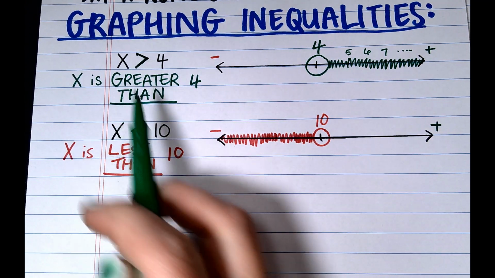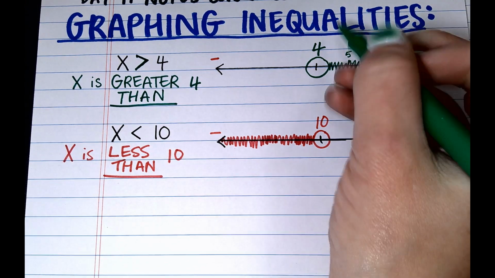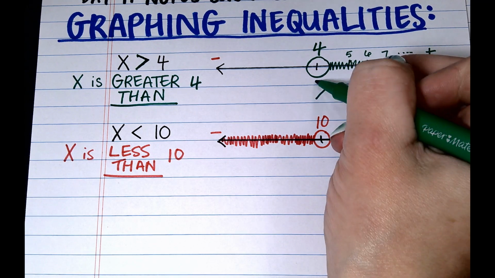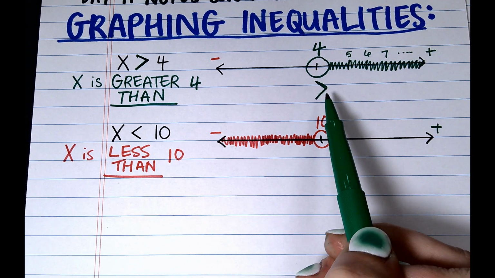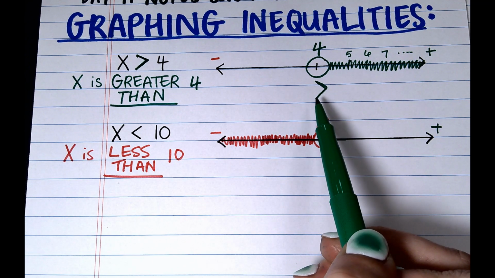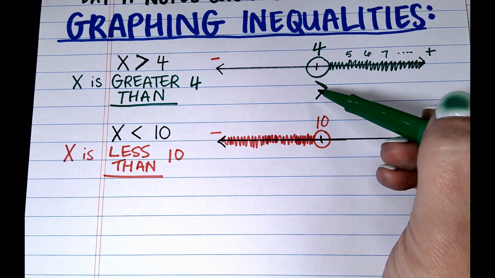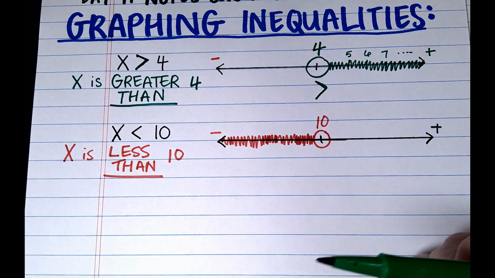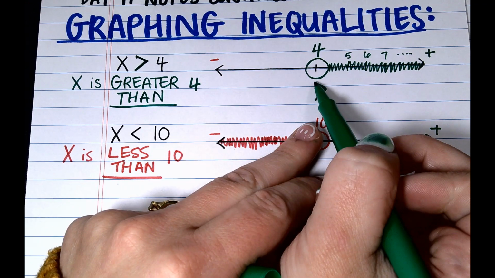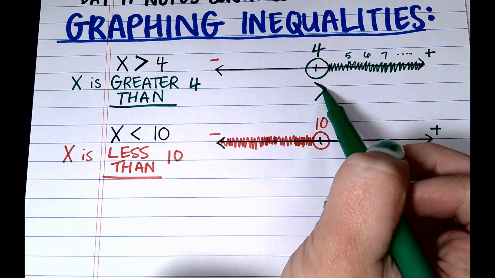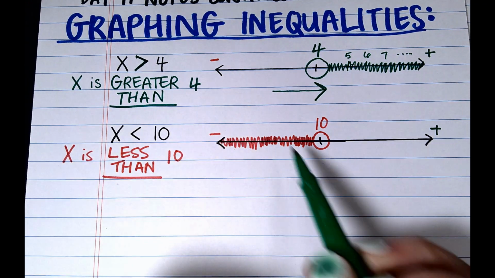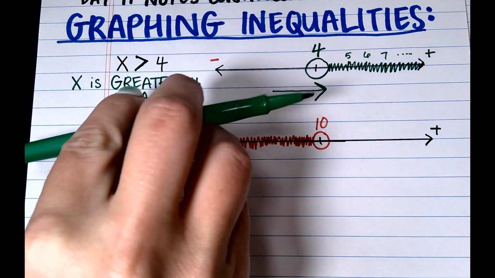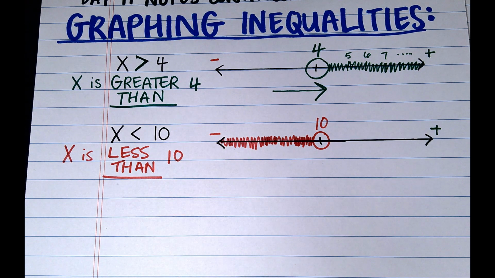Sometimes it helps to write that symbol over here next to your graph. There's greater than. And it's really easy to mix up because you might see, oh, well, my opening is this way, so I'm going to shade this way. Don't do that. We want to think of our symbol as being an arrow. See that? And the arrow points which way you should shade. I like doing it like that.